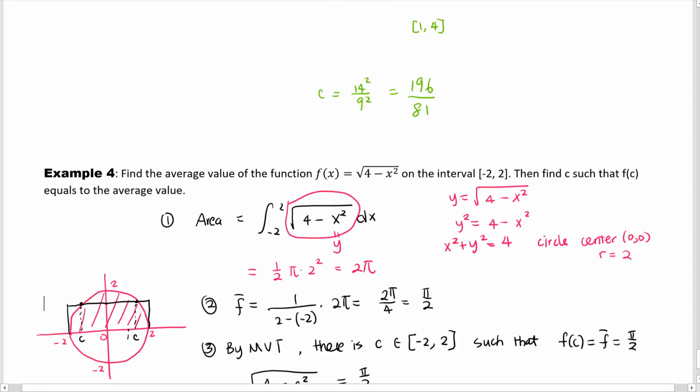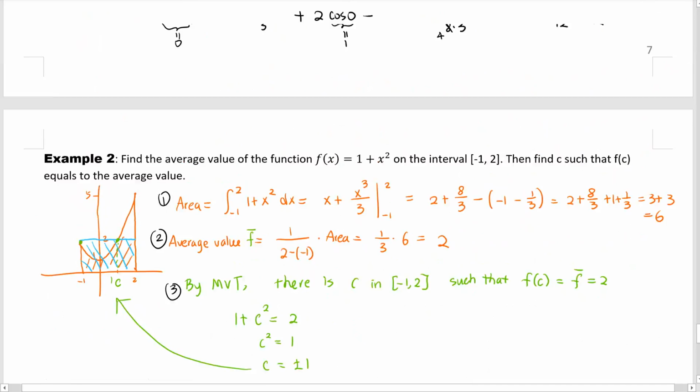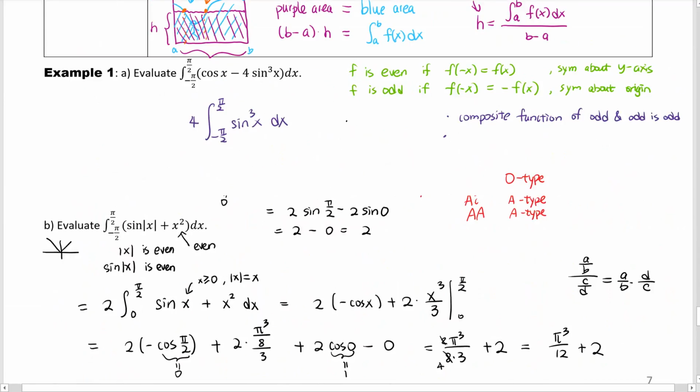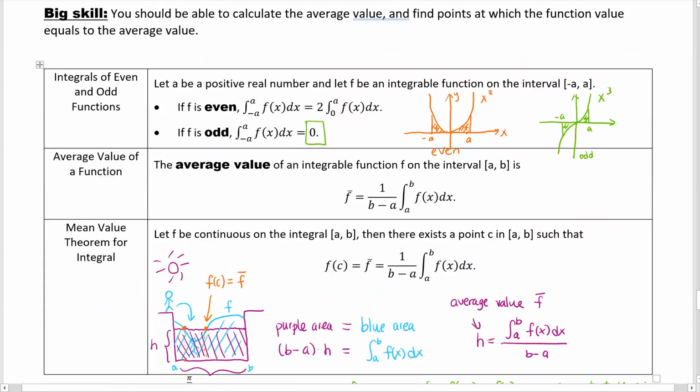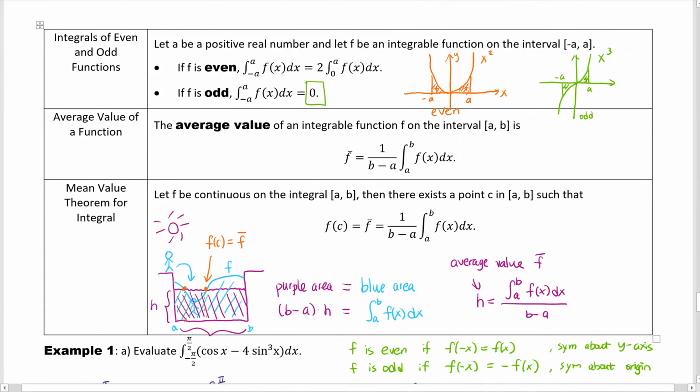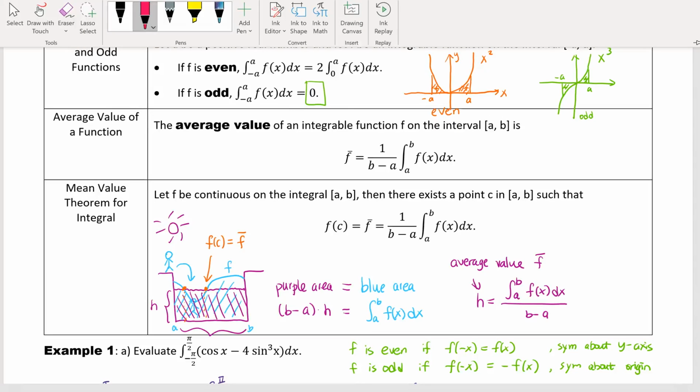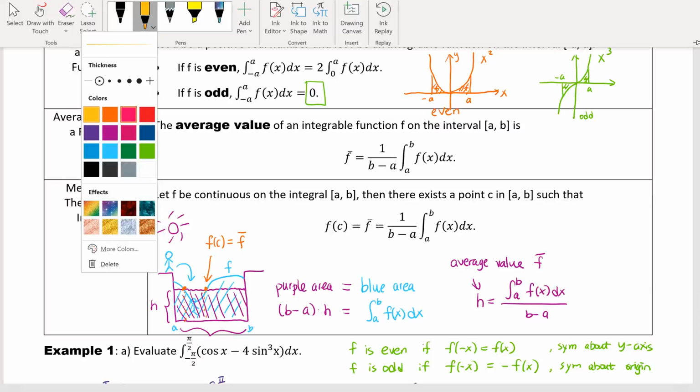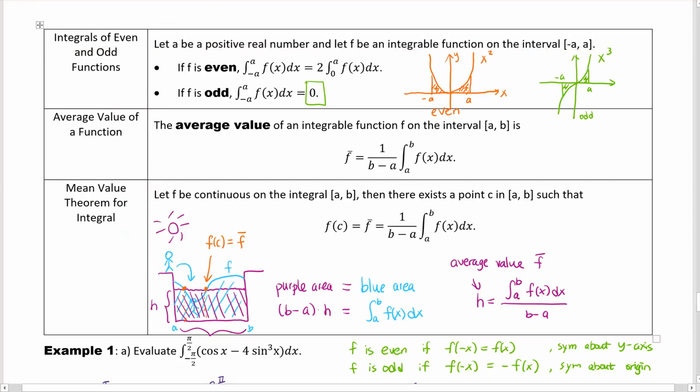I also want to point out that this mean value theorem is a little bit different from the mean value theorem we learned before. This is the mean value theorem for integrals. So what was the mean value theorem we learned before? Let me use a different color. How about yellow?